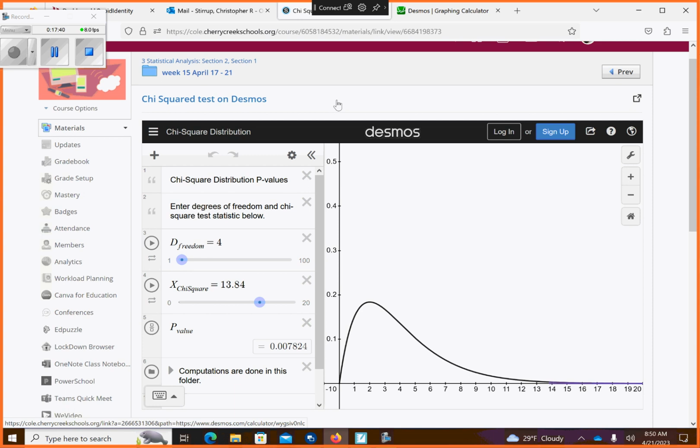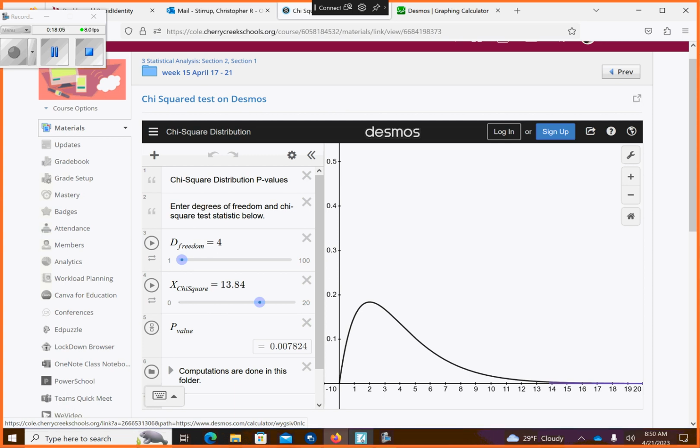All right, so in 7.3 it says, in previous assignments we created tables in which observed, expected, and chi-squared values were computed. The sum of all the chi-squared values is a measure of the total deviation from the null hypothesis expected values. The larger the sum of the chi-squared values, the stronger the evidence against the null. Okay, hang on.